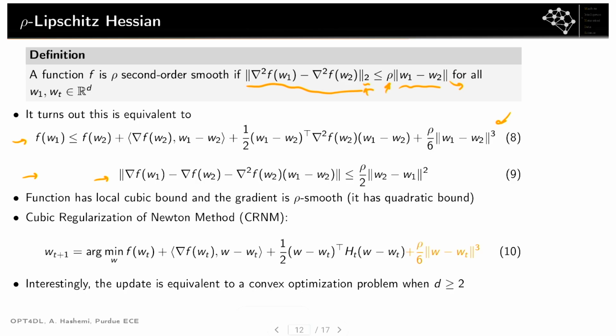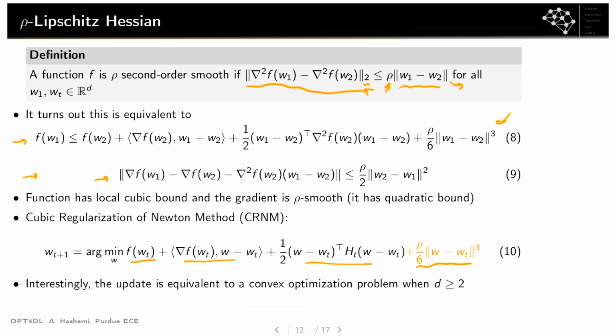It's called cubic regularization because these terms that I've written here are exactly the terms we had for the Newton algorithm, but we are regularizing that by including this cubic term. So that's why we get the cubic regularization of the Newton method.